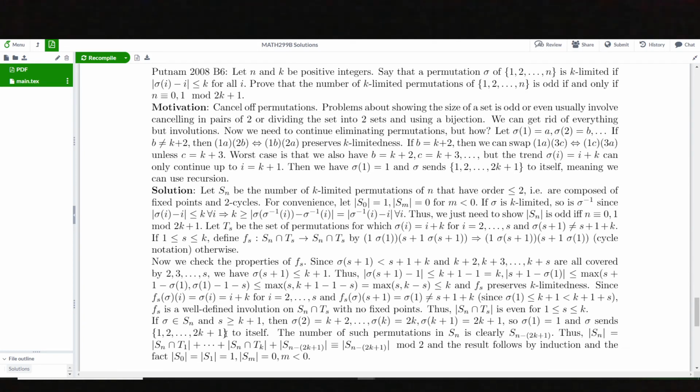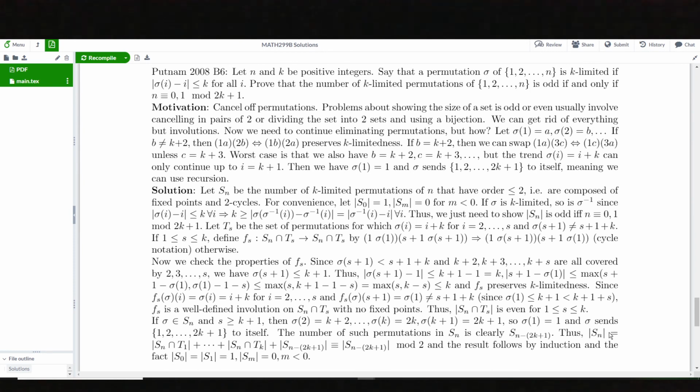So this set is sent to itself, and the number of such permutations in S_n is clearly the size of S_(n minus 2k plus 1), because we are just working with the other n minus 2k plus 1 elements. The bijection consists of just chopping off the first 2k plus 1 elements of the permutation.